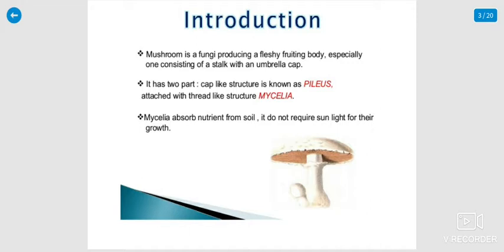It has two parts: the cap-like structure, known as pileus, attached with a thread-like structure called mycelia. The mycelia absorb nutrients from the soil. It does not require sunlight for its growth.